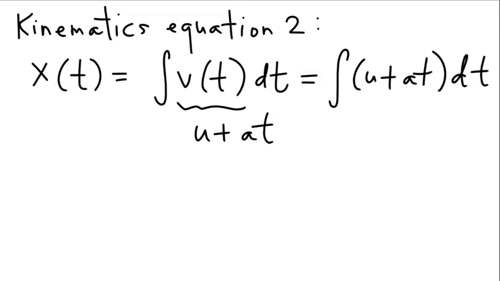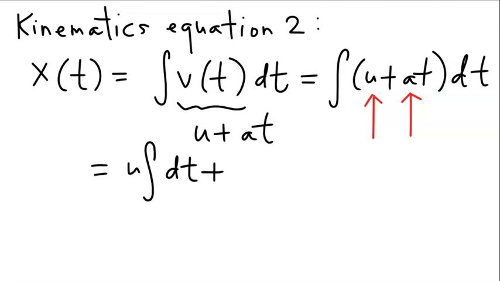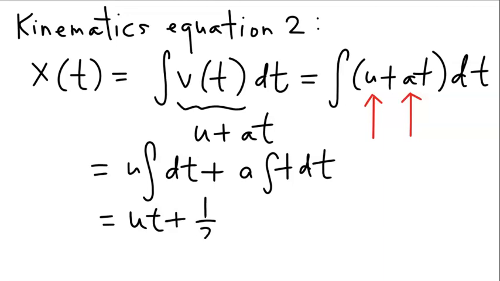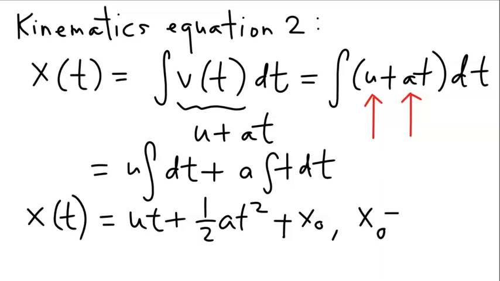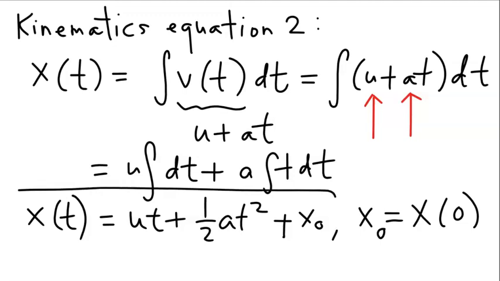Now keep in mind that this u is a constant, this a is a constant, so you can take those two out of the integral sign and it will give you two integrals, dt and t dt, which can be easily integrated to get ut plus half a t squared plus an integration constant, let's call it x0. Now we can immediately see that x0 is just the value of the coordinate at time 0 seconds. So this is the second equation of kinematics.